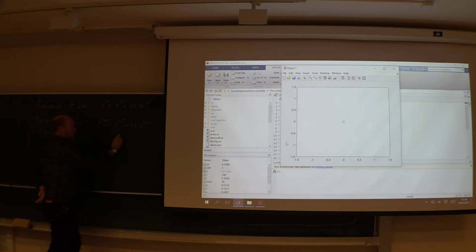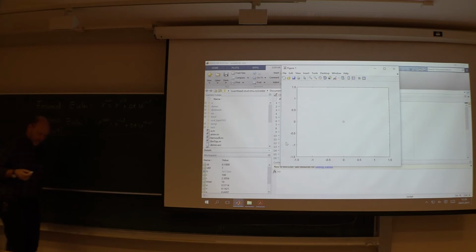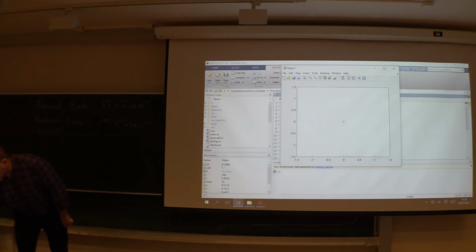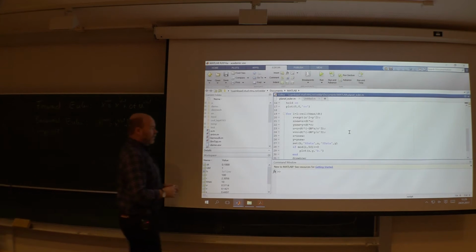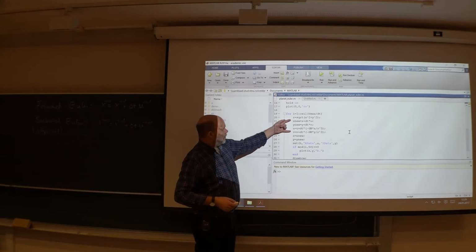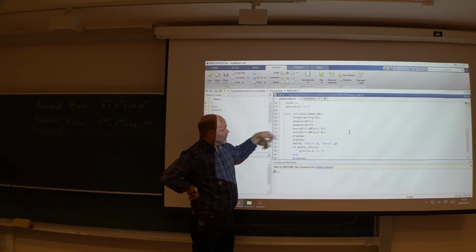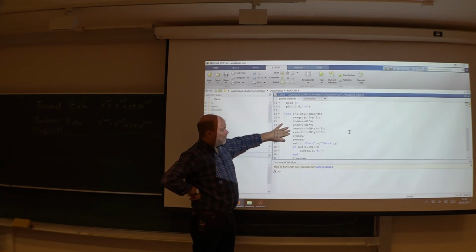So what is my equation system? Well, I have to rewrite it a little bit. If you look at the equations here, we have 4 of them: x, y, u, and v, position and velocities.